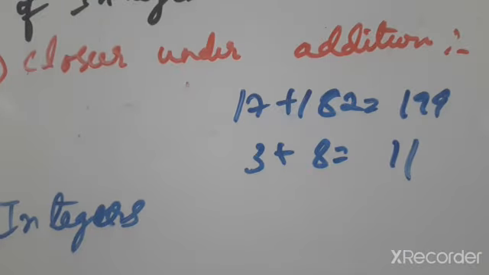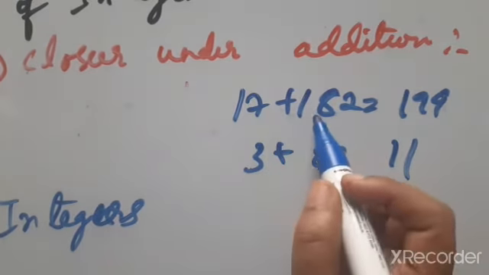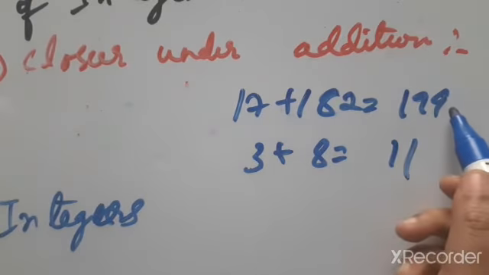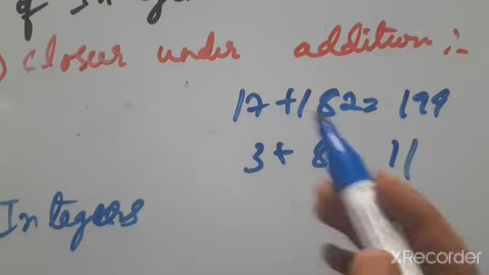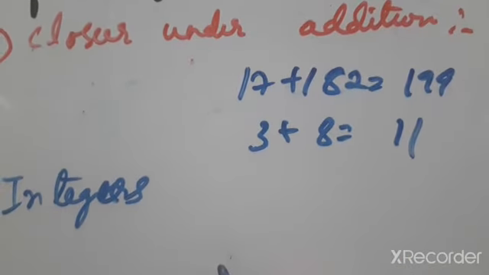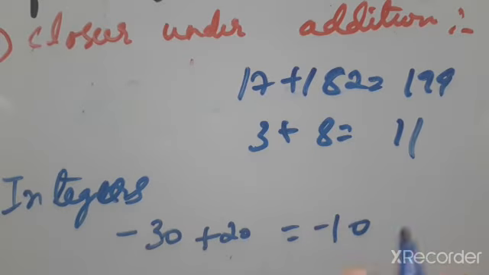Again, this property is true for integers also. That is, the sum of two integers is always an integer. In the previous example, these are whole numbers, and the sum of any two whole numbers is always a whole number. Now integers: integers means whole numbers with positive and negative numbers. Minus 30 plus 20 means the answer is minus 10.